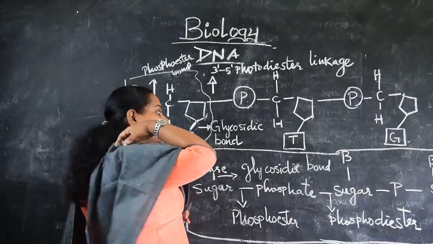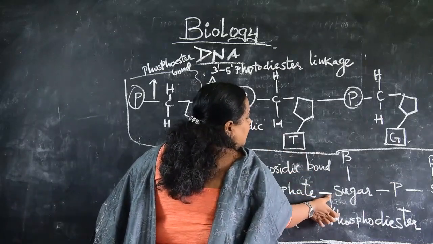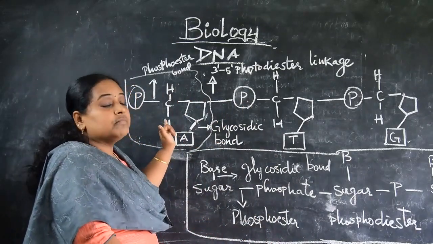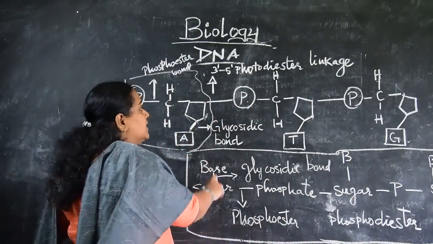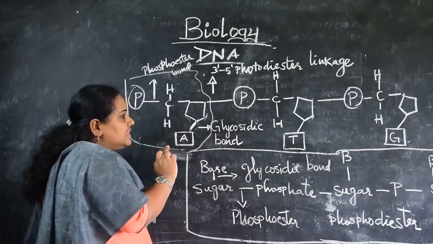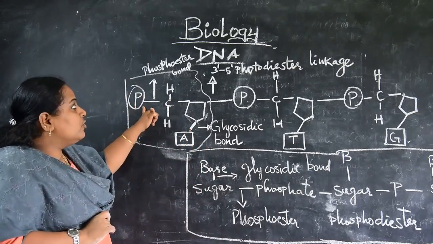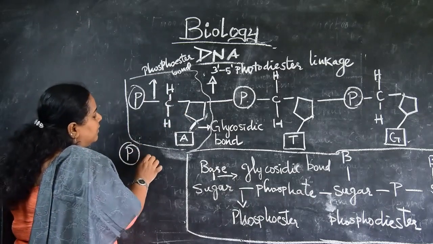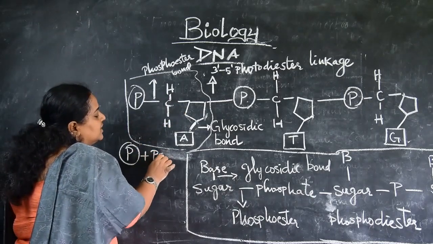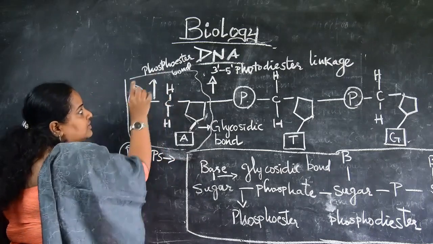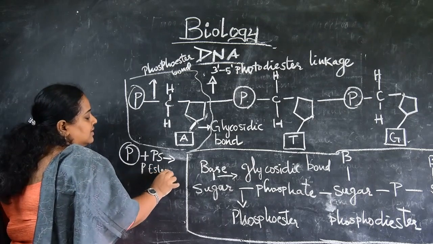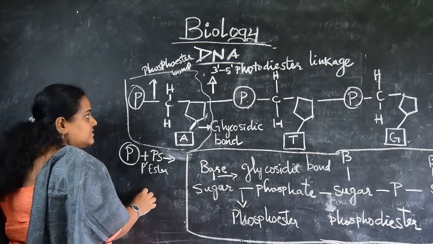They are linked together by phosphoester bond and glycosidic bond. Now what you have to see is, the phosphate group and pentose sugar, what is the bond there? Phosphoester bond. They are joined together by phosphoester bond.